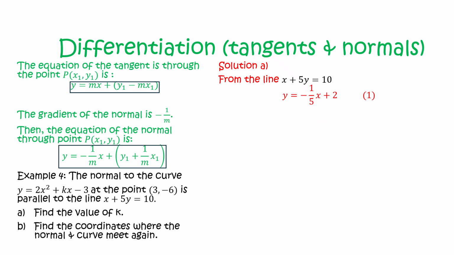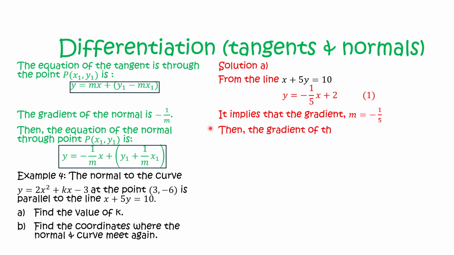It's easy to see from this equation that the gradient of this particular line is -1/5. So our m is equal to -1/5. Since what we had was the gradient of the normal of -1/5, the gradient of the tangent is a positive 5.